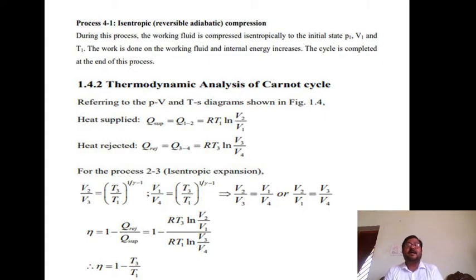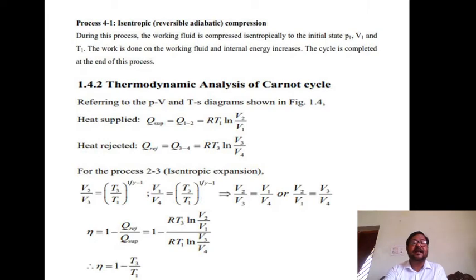The thermodynamic analysis of the Carnot cycle is like this. Referring to the pressure versus volume and temperature versus entropy diagrams, the heat supplied is Q1-2. Because it is an isothermal process, recall from basic thermodynamics the processes: the constant pressure process, also called the isobaric process; the constant volume process, also called the isochoric process; and another important process, the isothermal or constant temperature process.